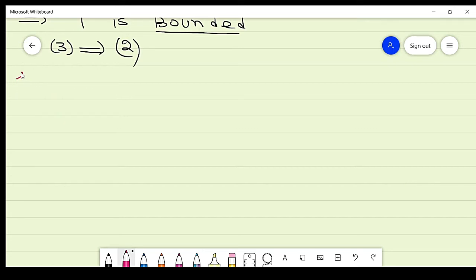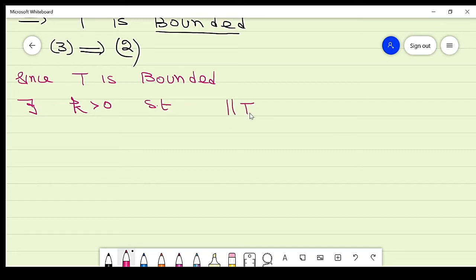Now since we know that T is bounded, there exists some positive real number k such that norm of Tx is less than or equal to k into norm of x. Suppose this is equation number 4, right?